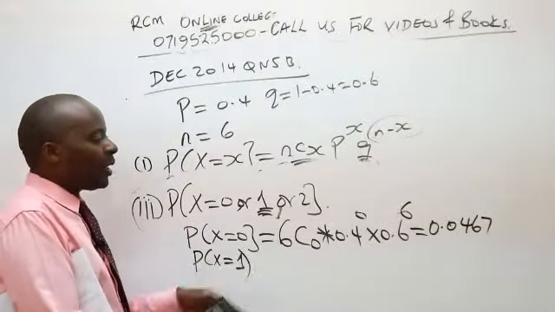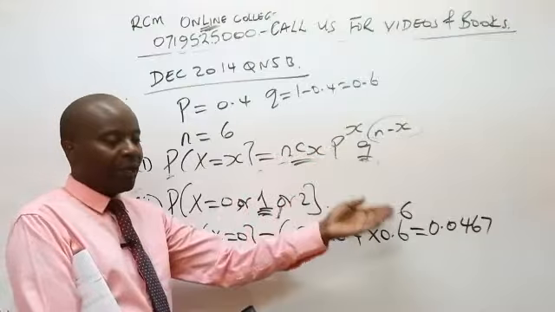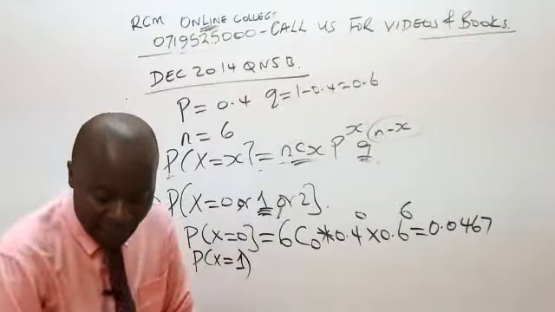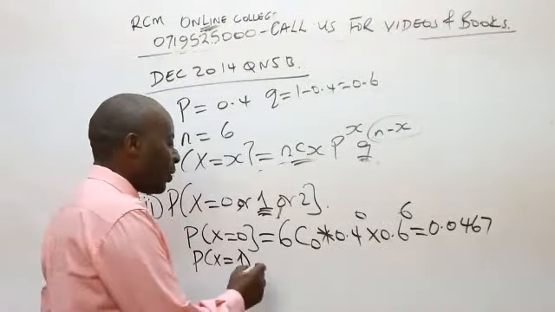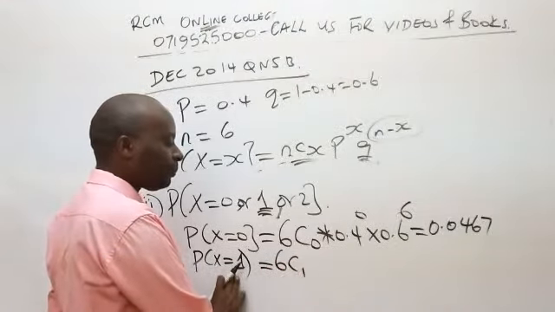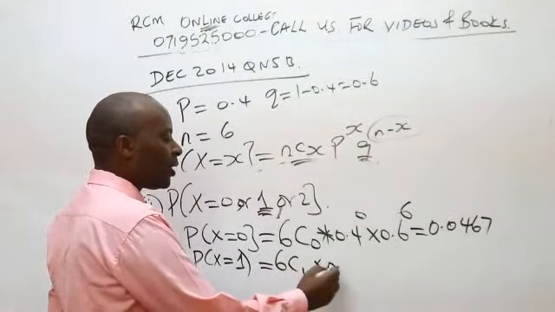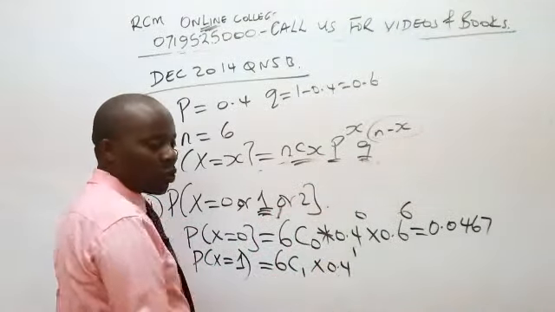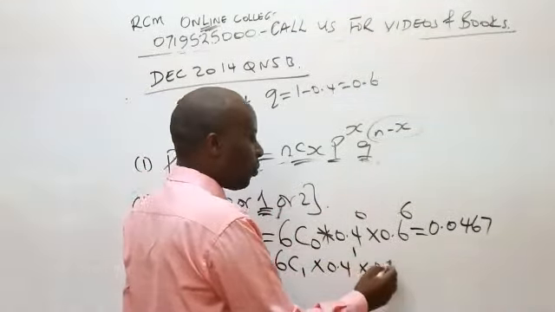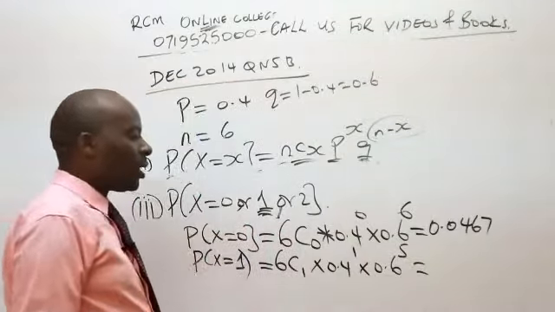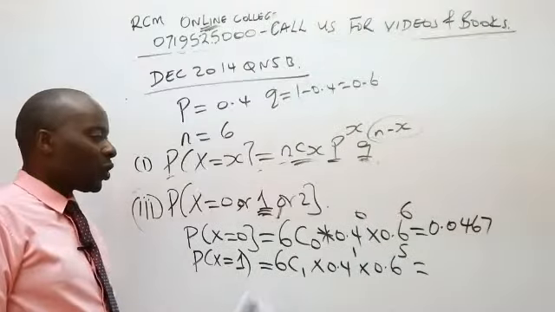I can simply pick the one that we obtained earlier and plug it in, but because we are not fighting against anybody's time, I can write it out. So we have 6 combinations 1 times 0.4 raised to X, which is 1, times 0.6 raised to power 5, because the two powers added together will always give us 6.